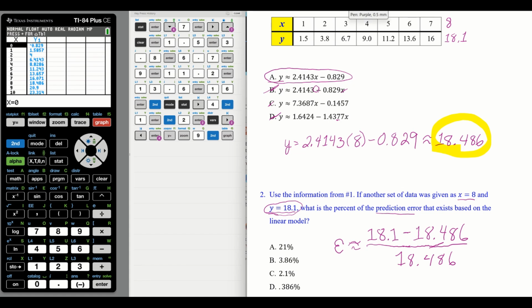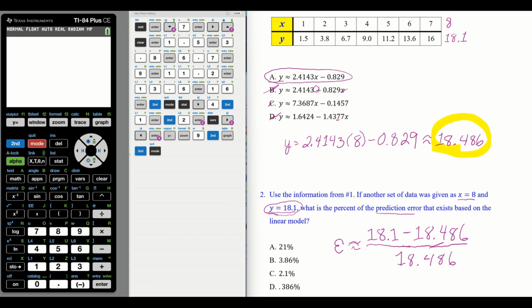And you could subtract that easily in your head. Actually, I could turn around, I could do different things. By this point, we know how to add and subtract them when they're bigger or larger. So I'm going to turn them around and subtract so I have the absolute value on my numerator. So I'm going to say 18.486 minus 18.1.